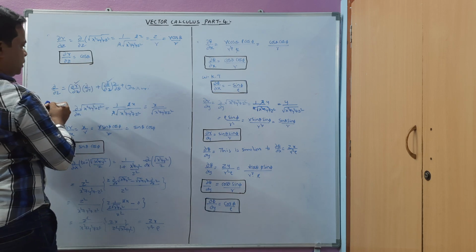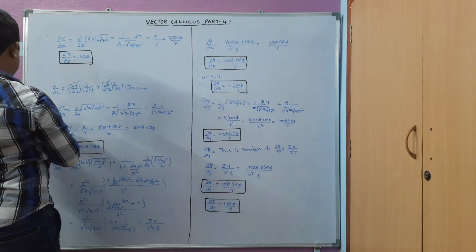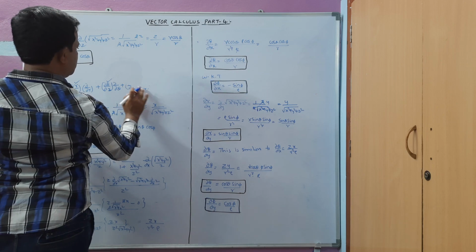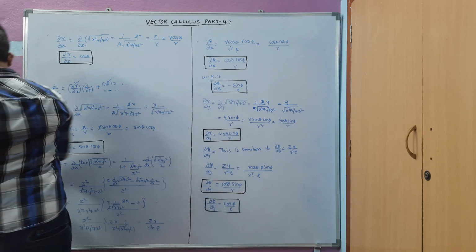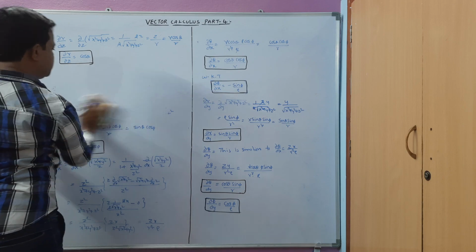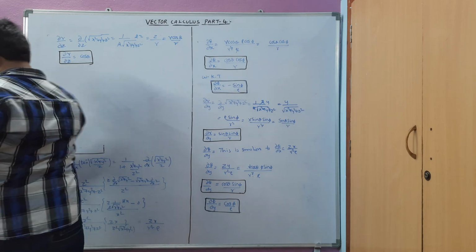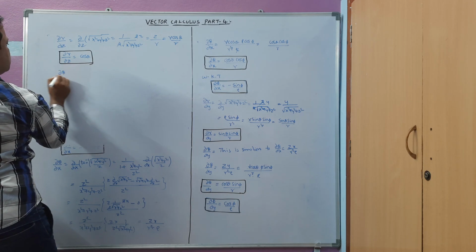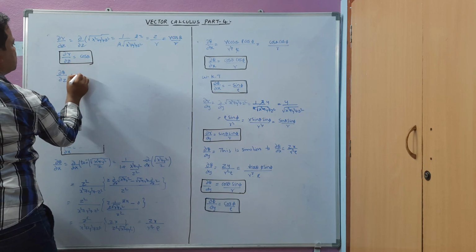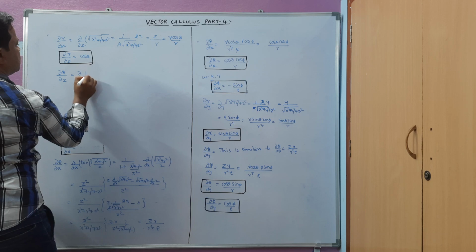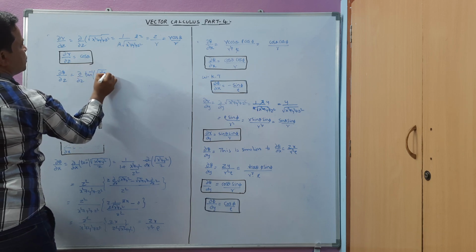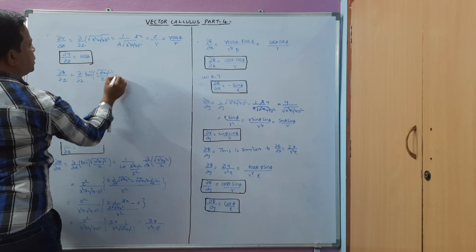Now I have to get dou theta by dou z and dou phi by dou z. So these are the two equations we have to get, first dou theta by dou z. So theta is, we know, tan inverse of square root of x square plus y square by z.